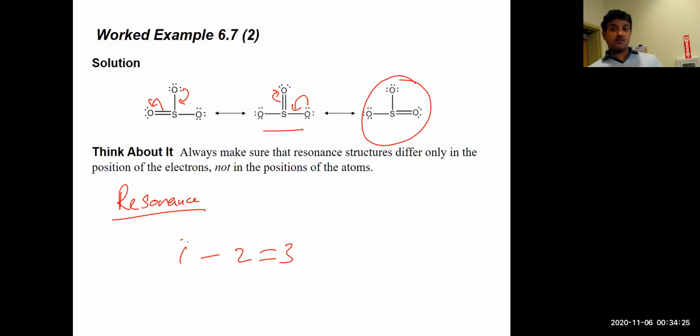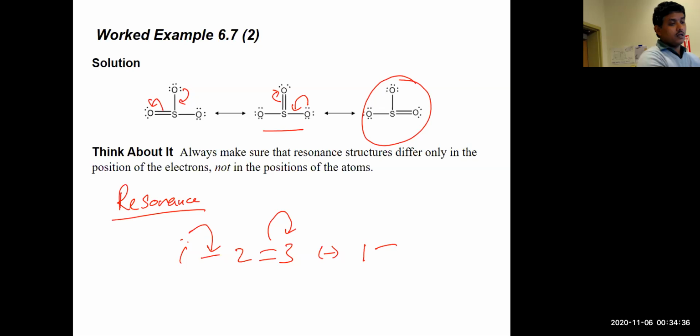For now, you just need to know that. You can write a resonance structure by sending electrons to make a double bond and converting this one to a lone pair again. Those are resonance structures. What it's saying is electrons don't just stay at one place just because you put them in a Lewis structure. They delocalize if there is a neighboring double bond present. Okay, that's all for this topic.